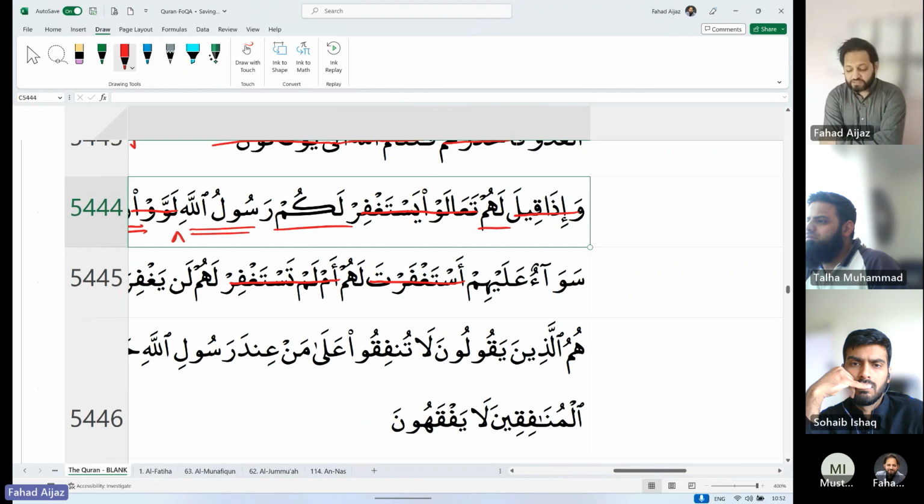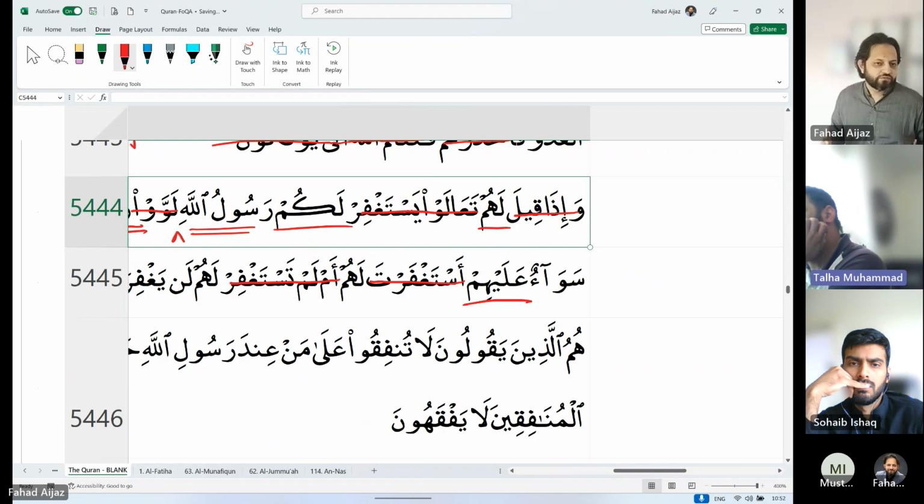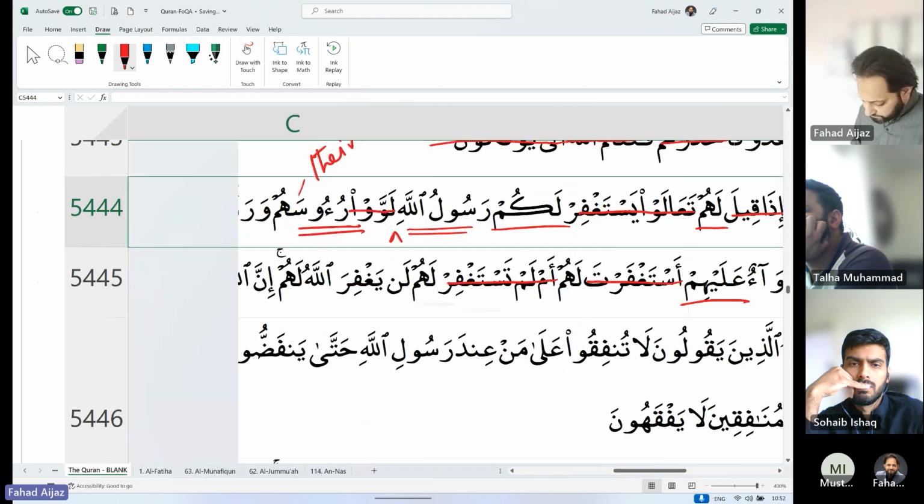Another reason it cannot be idafa is because it doesn't have a mudaf ilayh. Alayhim is just harf of jar. Correct. So sawaun is just an independent rafa ism. We'll find out more about what it's doing here when we do sentence structures.